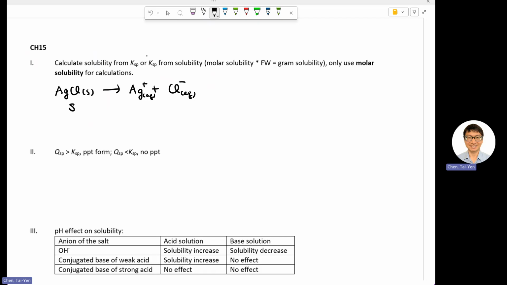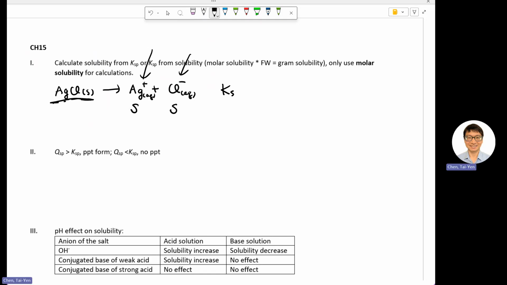Only a certain amount of this salt will be soluble, so you can say the solubility will be S for your Ag+ and S for your Cl-.